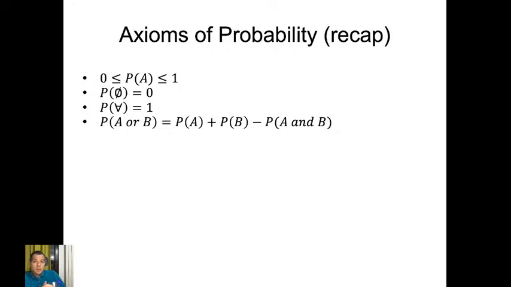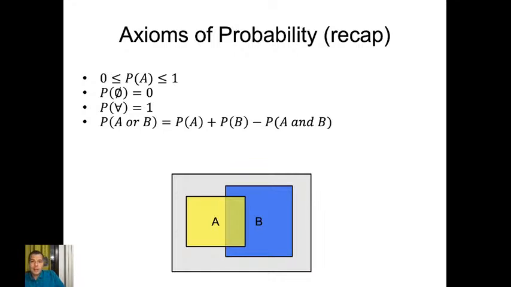Okay, so we're going to discuss more about these events, but before, just a quick recap of the axioms of probability. I'm not going to read them, I'm just going to explain the last one.